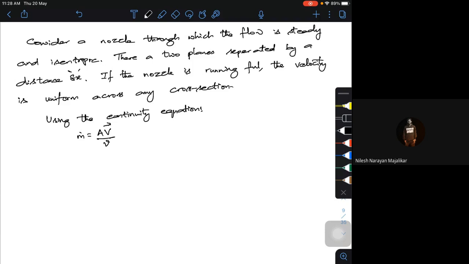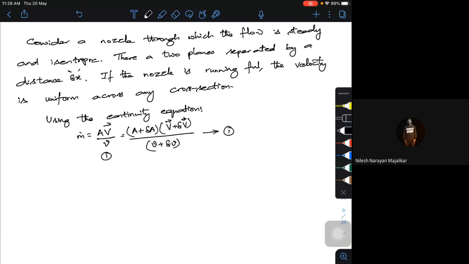This is at plane 1. Now at plane 2, this will be A plus delta A, V plus delta V, divided by v plus delta v. Let me call this equation number 1.